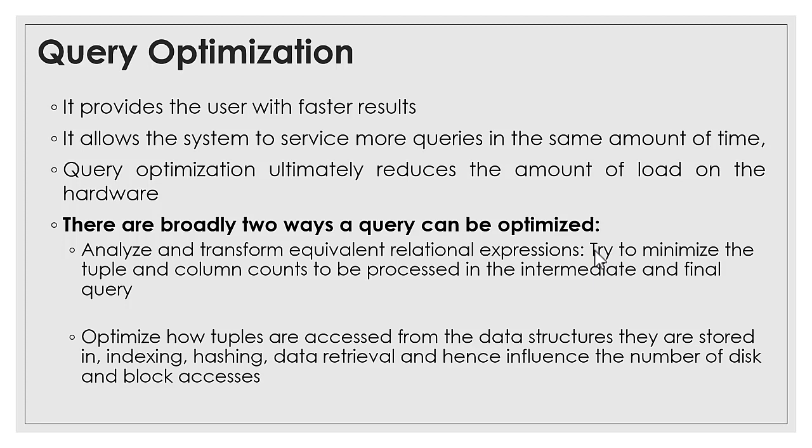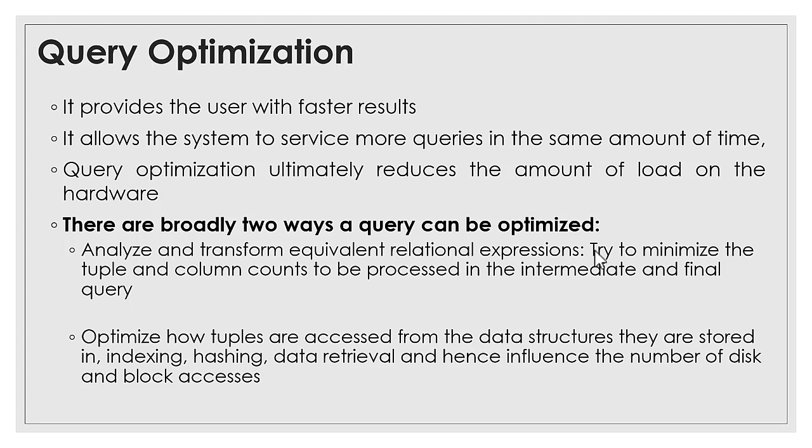So our focus will be on how we can give fewer tuples or fewer columns or attributes to the intermediate query or to the final query so that it reduces the working load of that relational expression. In the second way, we are going to mainly focus on this type of query optimization. This is called cost-based query optimization.